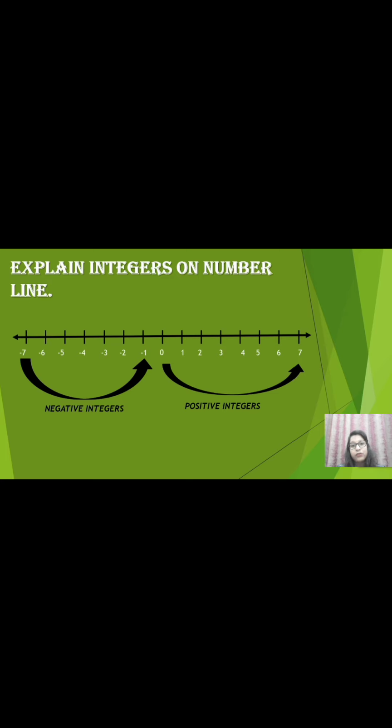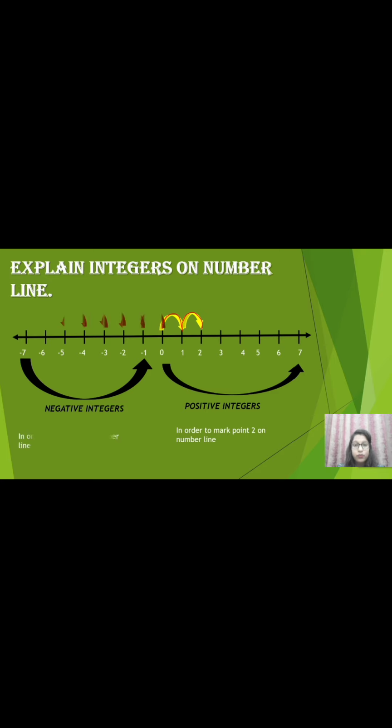Now suppose I have to mark point 2 on a number line. I have to move 2 points in the right direction from the 0.